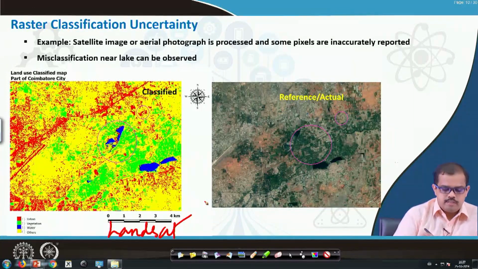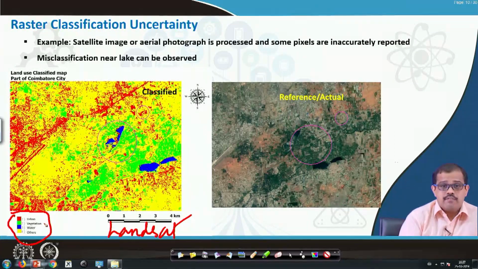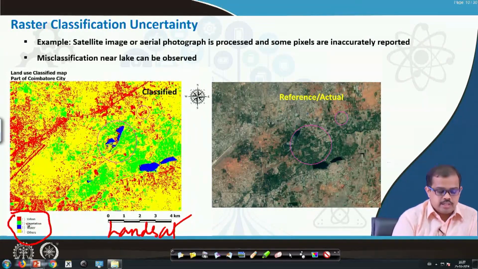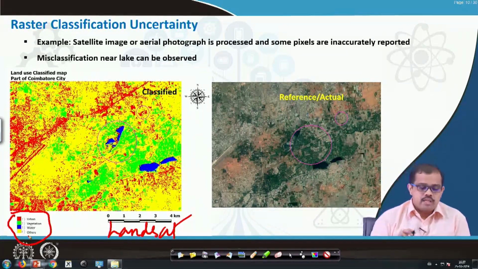This classified map is a land use map where you have classes as urban, vegetation, water and others. Red is representing urban, vegetation is represented by green, water is represented by blue, and others is represented by yellow. And we have used an algorithm called the Gaussian maximum likelihood classifier.